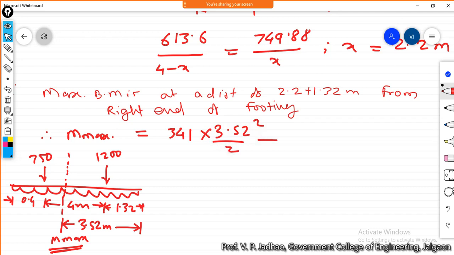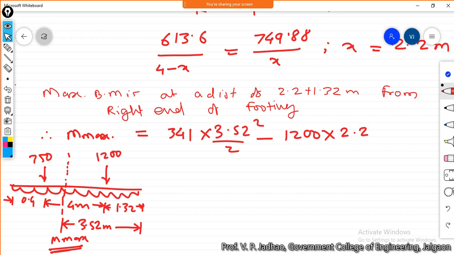And bending moment due to this 1200 kilonewton column load will be negative. Why? Because it is producing hogging moment, therefore minus 1200, and it is acting at a distance of 2.2 meter.